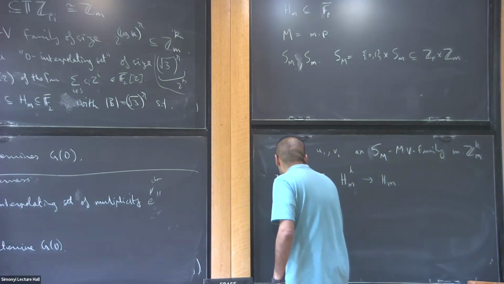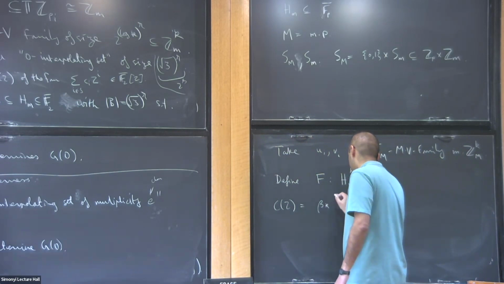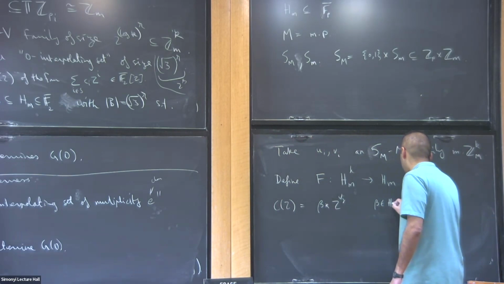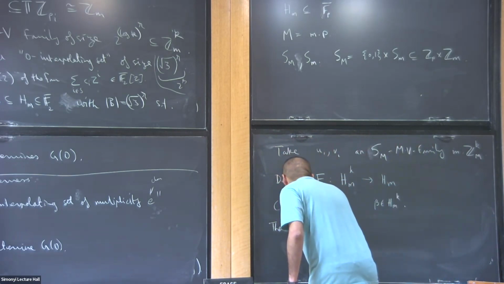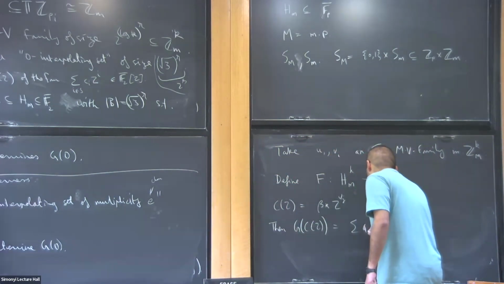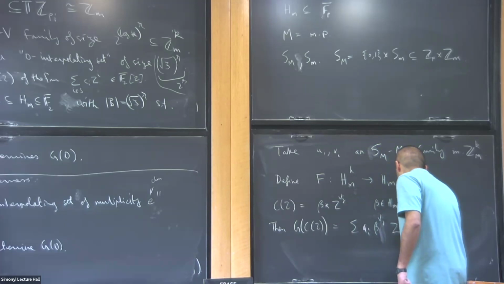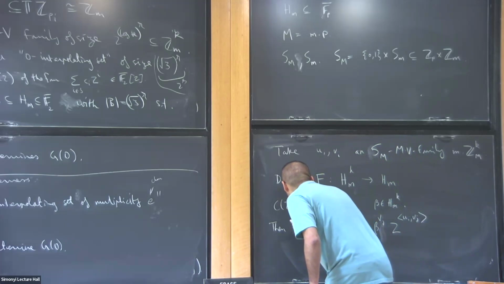Right, so then I'll just define this as beta times Z to the V_j, where beta lies in H_m to the K. And then G of C of Z is the summation of a_i times beta_j to the V_j, Z to the inner product U_i, V_j, and then this is F of C, and G of Z is equal to this.